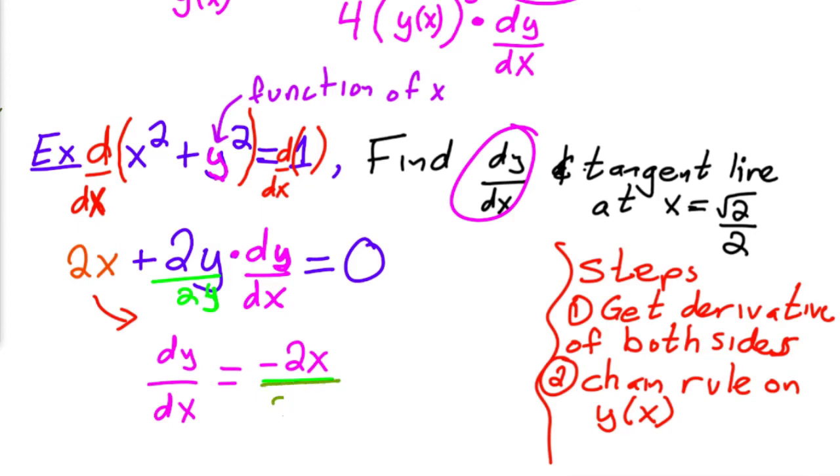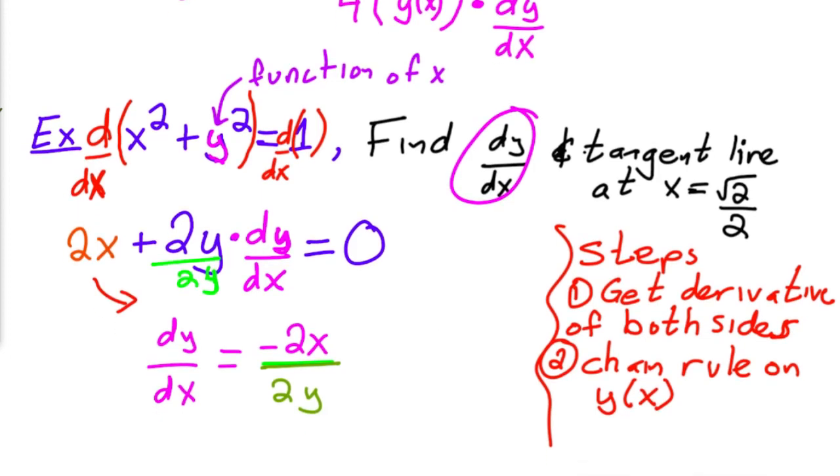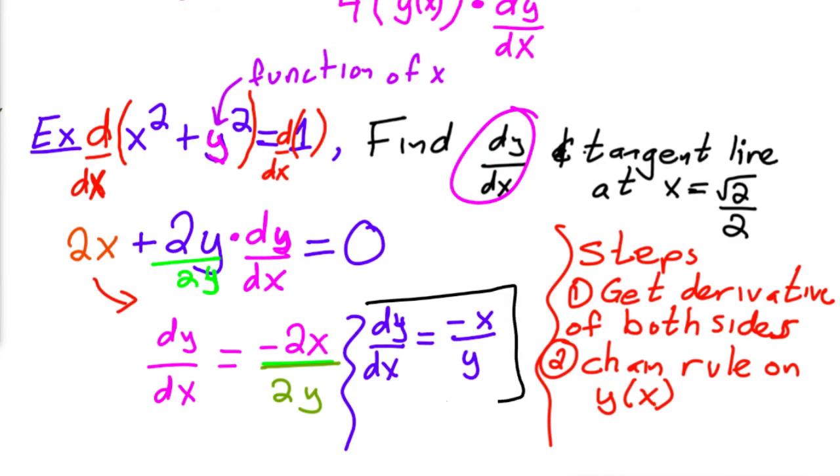So what you get for dy over dx, the derivative of y with respect to x, is equal to negative x over y. Notice that the formula for the derivative has both x's and y's, and that's okay. So we're done with the first part.